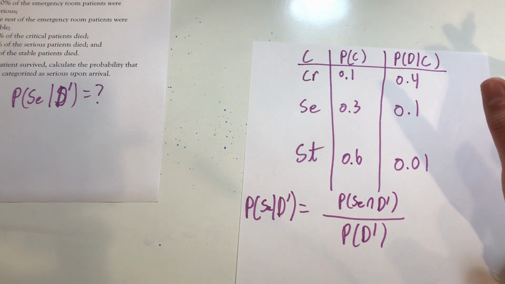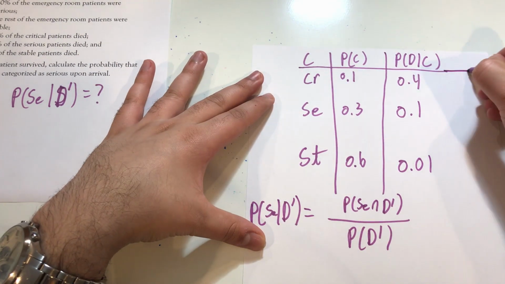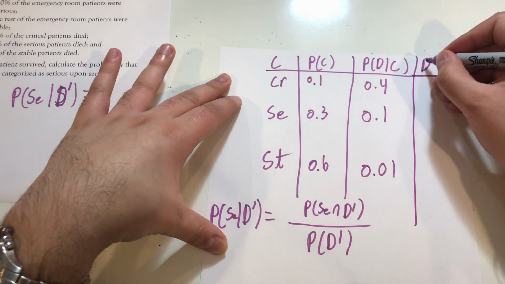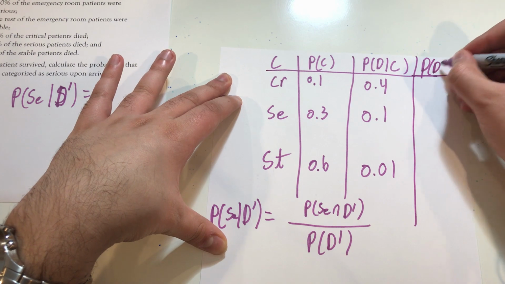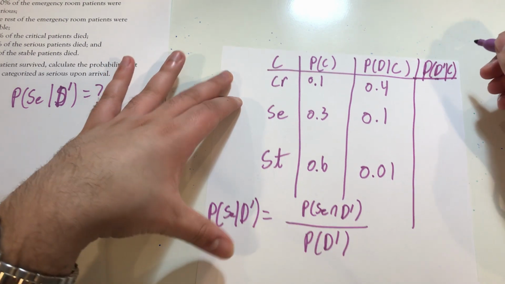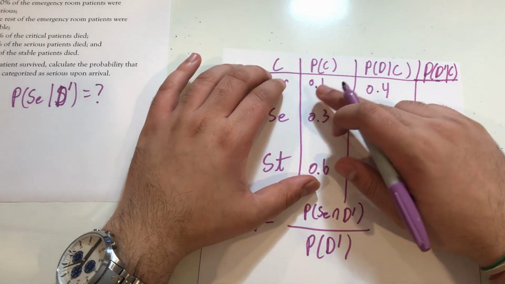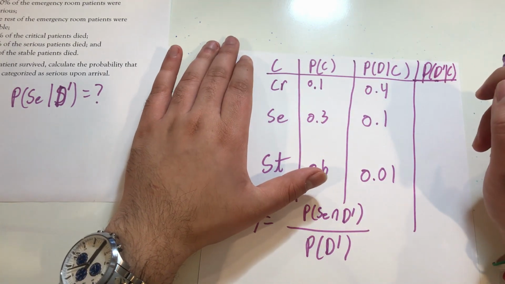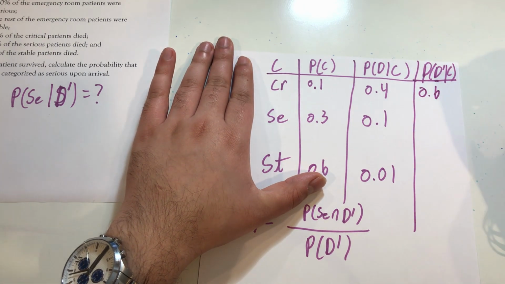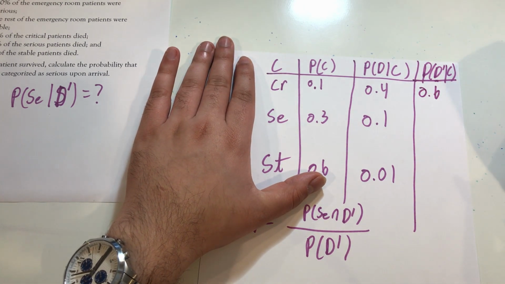Okay, so we can figure out the probability of not dying, of surviving, given a certain condition. For example, if 0.4 of the critical patients died, that would mean 0.6 of the critical patients survived.